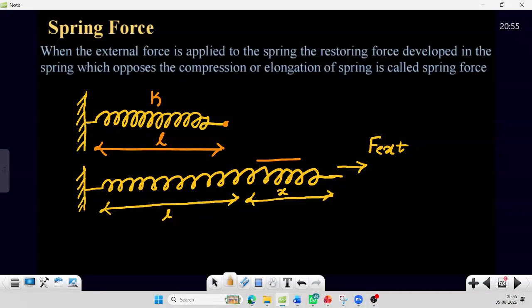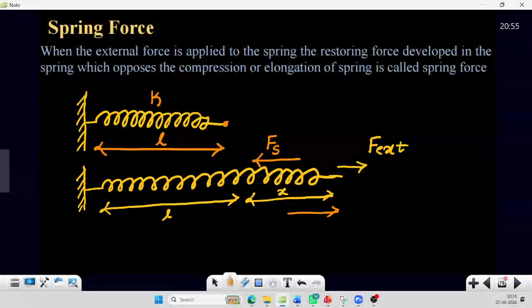That force is opposite to the elongation, opposite to X. The elongation is like this, the spring is elongated to the right side. Then the spring force is developed like this, on the left side. This is called the spring force.